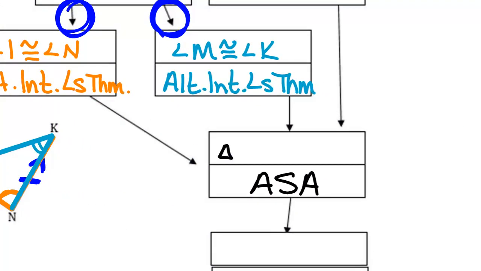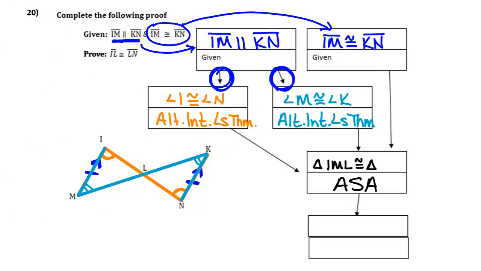Let's name these triangles. Let's call the first one IML. If I call the first triangle IML, how would the second triangle have to be named to make sure I have all the right parts matched up?